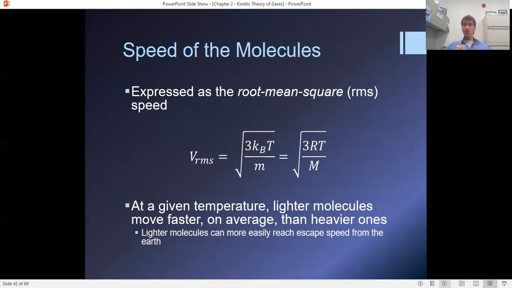But what's important to recognize is that the speed of the molecules on average increases roughly by the square root of the temperature. The more we heat up a gas, the faster the molecules are going to move on average. And we actually see this when a person inhales helium.